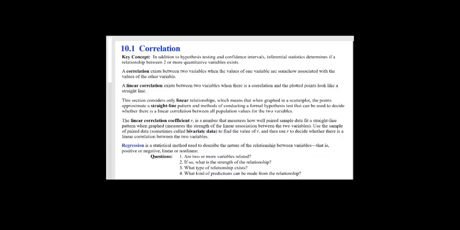Now we are looking at correlation. The key concept is, in addition to hypothesis testing and confidence intervals, inferential statistics determines if a relationship between two or more quantitative variables exists. A correlation exists between two variables when the values of one variable are somehow associated with the values of the other variable.